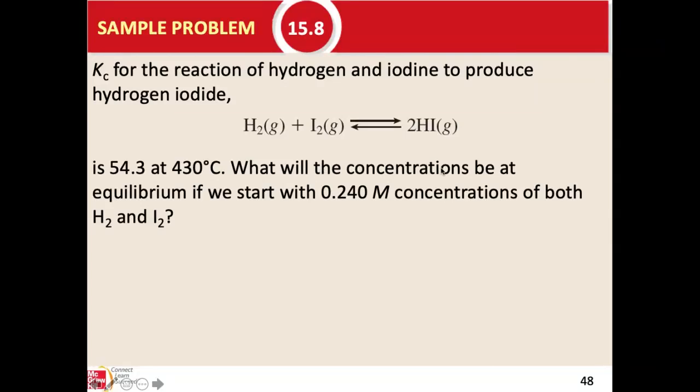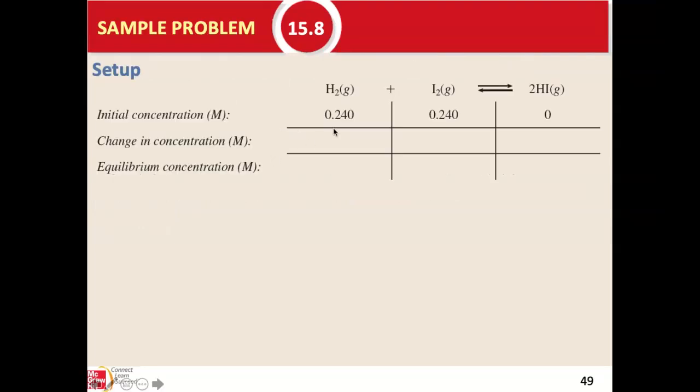What will the concentration be at equilibrium if we start with 0.24 molar concentration of both H2 and I2? So this is what we do. First, we write the reaction. Then we put together the ICE table: initial, change, equilibrium concentration.